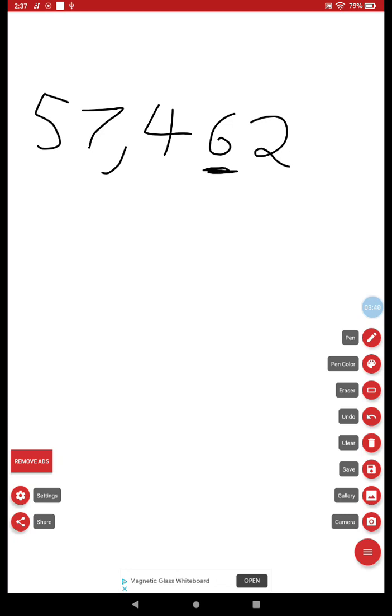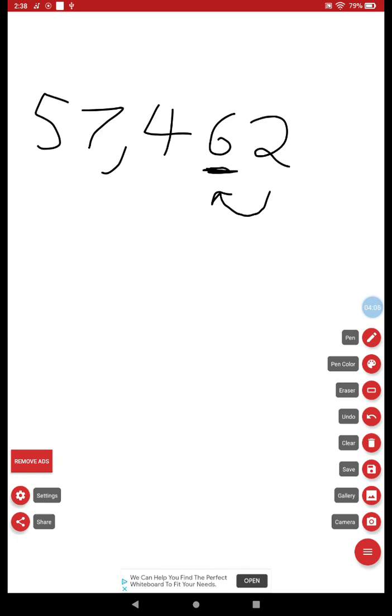I just underlined the 6. Can you tell me what the value of that is? Is that 6 worth 1, worth 10, 100, 1,000, or 10,000? Because it is 2 places over, 1, 2, I'm going to call it the tens.